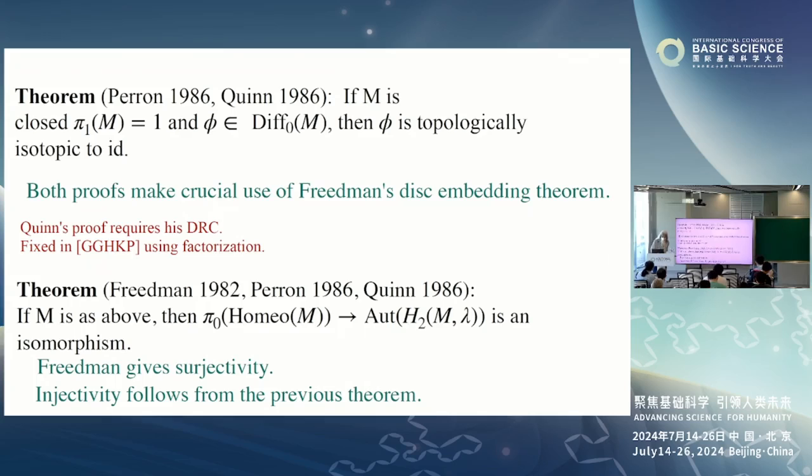But the great outcome of that theorem, together with Freedman's work, is that if you have, say, a closed simply connected manifold, then the topological mapping class group is isomorphic to the group of automorphisms of H2 that preserve the intersection form.